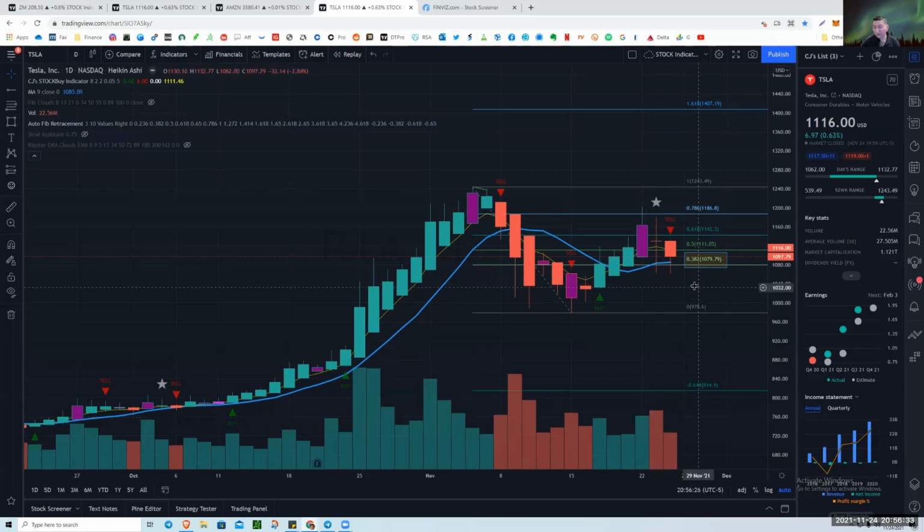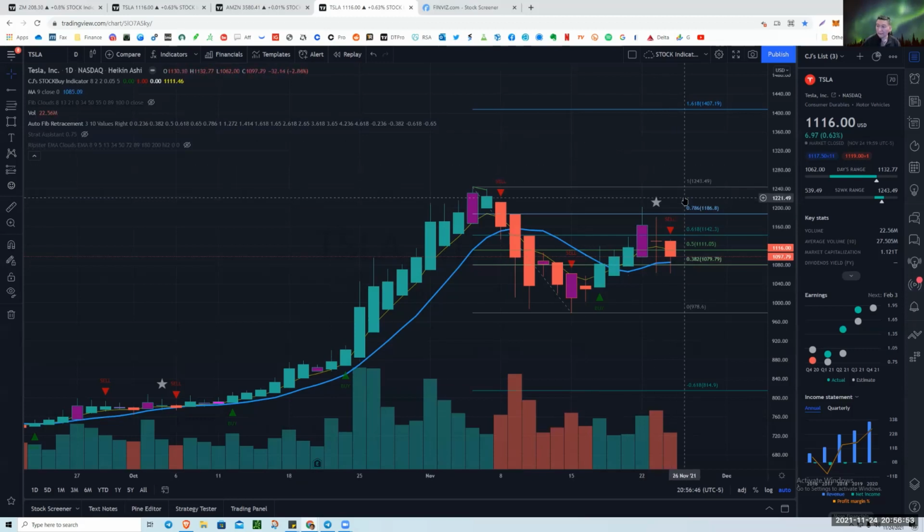Okay, you can draw the 236, which is right around there. So it'd be 1079, 1035, 978. So that would be kind of like my, not a target. Those would be markers for me for support and resistance.